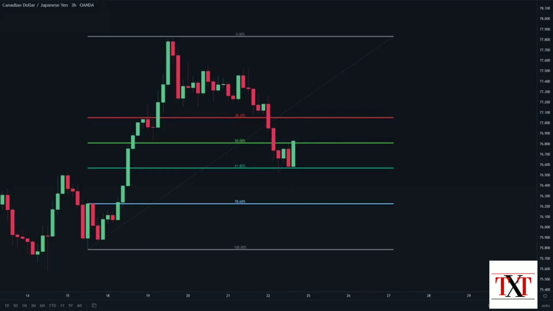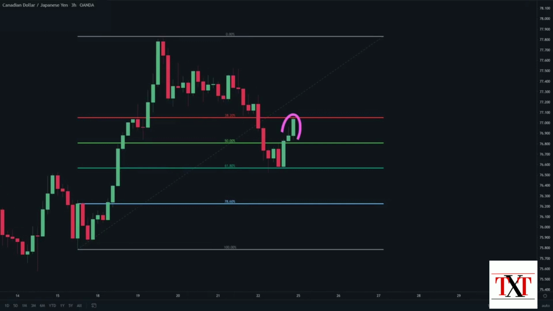Then, to further confirm the upwards momentum, we can see that the next candles after that are multiple green candles breaking above resistance at the 50% level. Now, let's recap what we have currently. First, we have price showing a reaction at the 61.8% level as shown by multiple candles failing to break below it.